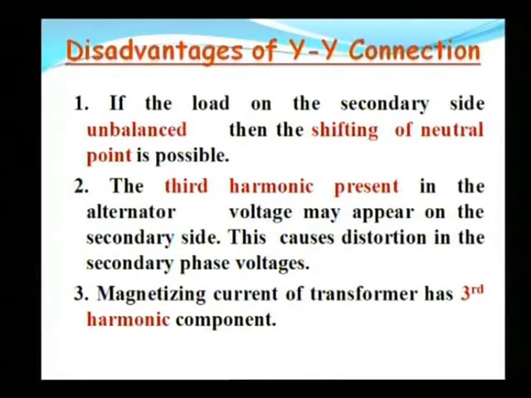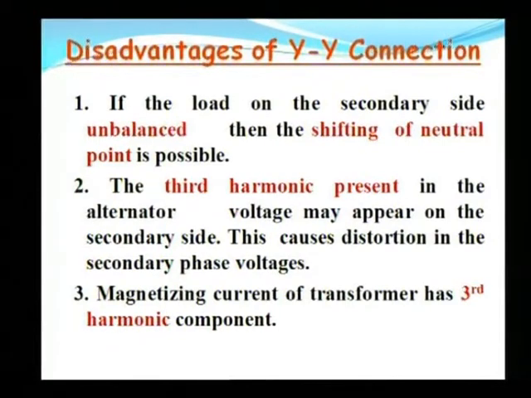The next one, the third harmonic is present. Now what is a harmonic? Harmonics are a kind of noise. So there may be a chance of producing some noise, disturbance, or interruptions in your output. In the alternator, voltage may appear on the secondary side. So at the secondary side you get some voltages which have harmonics that might destroy your output voltages.